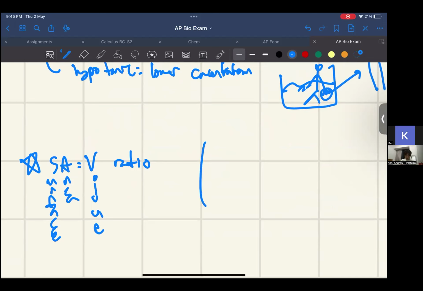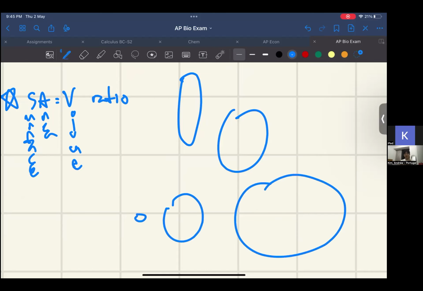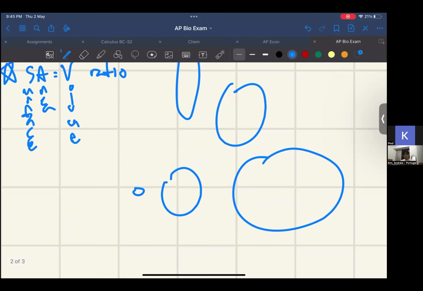Is that because he has taller or bigger cells? No, he has the exact same cell size as us, but he just has more cells. How do you know that? Simple. Because the bigger a cell becomes, the bigger a cell gets, its surface area to volume ratio decreases.